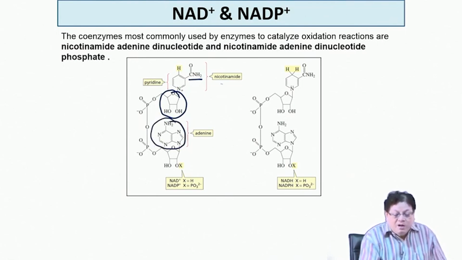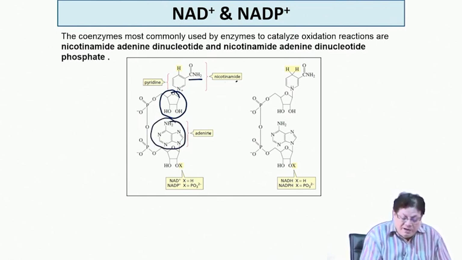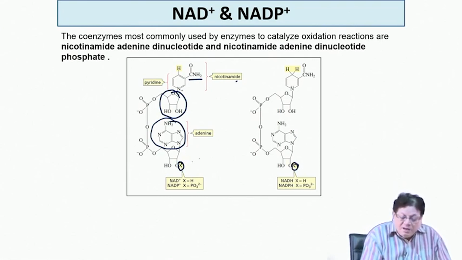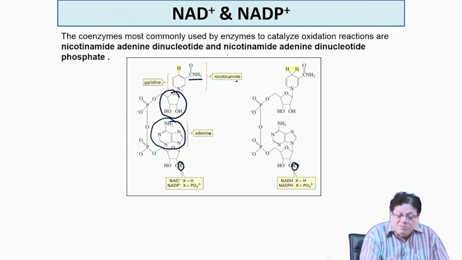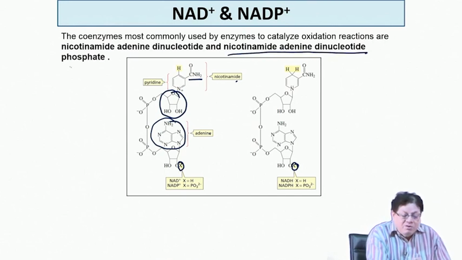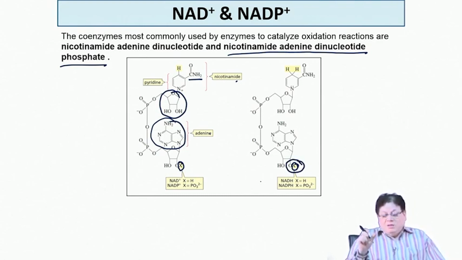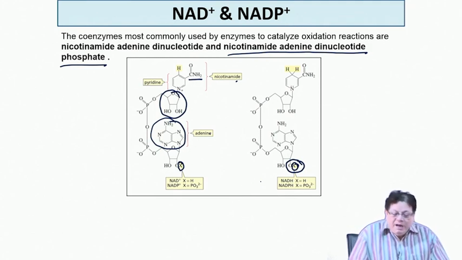So, this is called nicotinamide adenine dinucleotide, okay. That is NAD, and sometimes this X may be a phosphate group, and that gives you nicotinamide adenine dinucleotide phosphate. The phosphate is basically including the oxygen. So, if this is fully the phosphate group, then that is called NADP plus. Some reactions are catalyzed by NAD plus, some by NADP plus, depending on the enzyme.